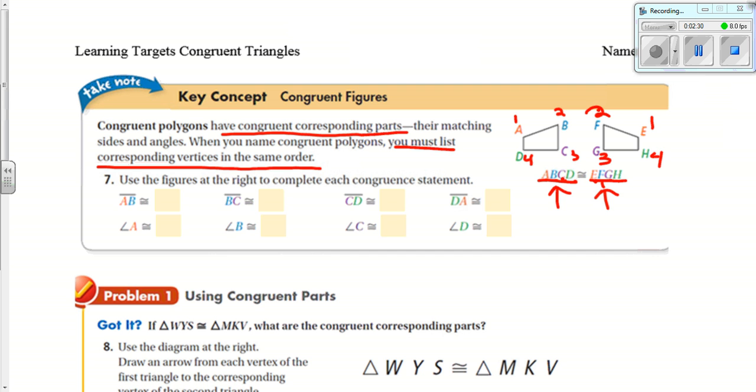Let's go ahead and use this to help us. The directions say use the figures at the right to complete each congruent statement. So side AB is congruent to what? Here I have AB, going from 1 to 2, so I have EF. You can also look at the names: AB, EF.